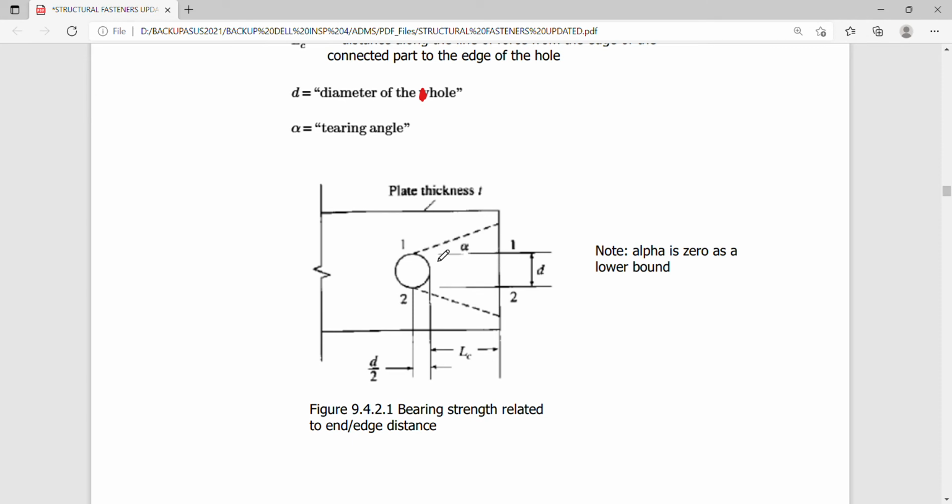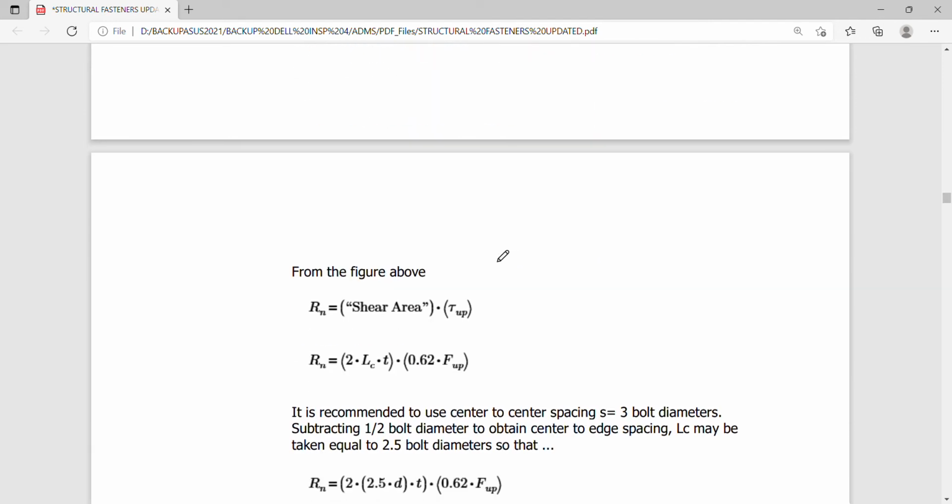But the minimum tearing angle actually is 0. No? So this is the shortest distance upon which your plate shear failure or block shear failure of the plate is to be considered. So note that alpha is 0 as a lower bound of such failure. And therefore, your nominal resistance now becomes simply the shear area multiplied by tau UP, which is 2LC times T multiplied by 0.62 FUP.